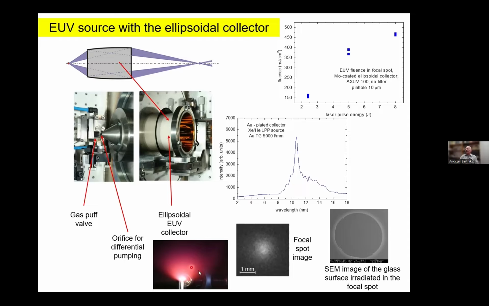Here you can see the image in visible range and the focal spot, the size of the focal spot. This is the trace obtained on some glass surface after interaction of the focused beam with glass.